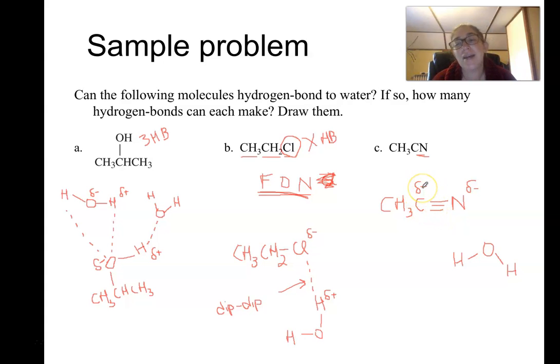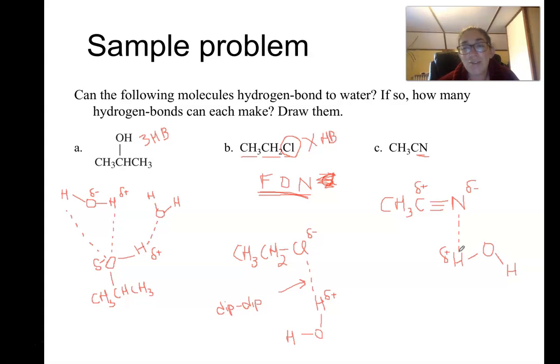I mean, there is a weak attraction there to this carbon, but the bigger attraction is going to be to the bigger charges. And the hydrogen here is going to have a very big positive charge, whereas this nitrogen will have a very large negative charge. So this is where the hydrogen bond will be, between that negatively charged nitrogen and the positively charged hydrogen. Okay, and that's the only hydrogen bond that this molecule can have.